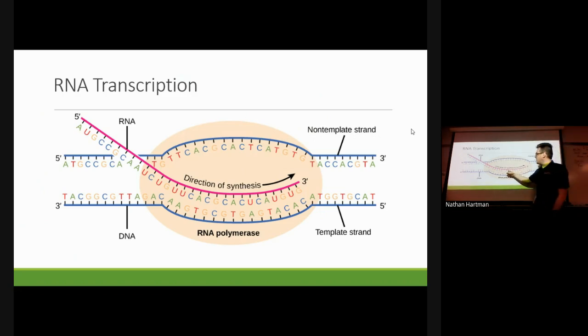So if you look at this, we're using our base pairing rules as we move along, reading from 3' to 5', building from 5' to 3', just like we talked about before, same as DNA polymerase, in order to make an exact copy of the non-template strand. You can see that all those bases match up there, except of course we're using uracil instead of thymine because it is RNA. So we read the template strand to make a copy of the non-template strand.